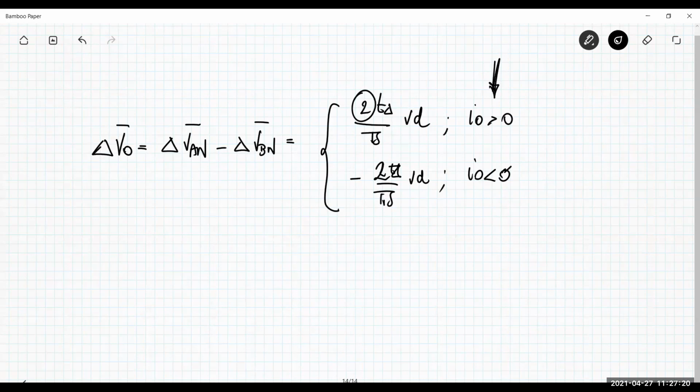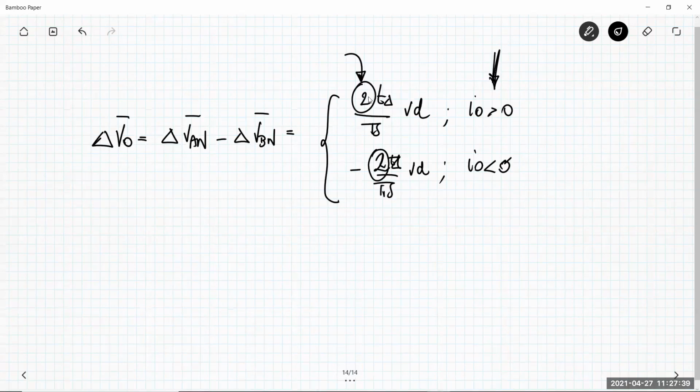But here, the situation is that you have this average value which has a number 2 here, due to the fact that you have to take the difference between the outputs of the two half bridges, the two legs, and this leads to this correction, twice what you can have in the two-quadrant converter. If you have a question, I can answer now, of course. Basically, I just have to check these inequalities.